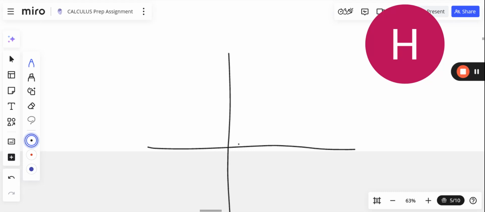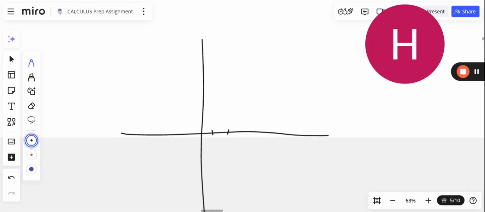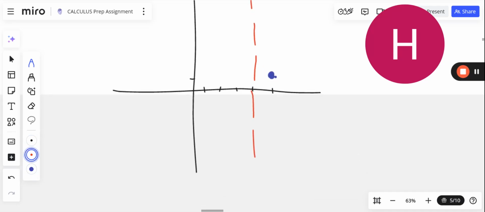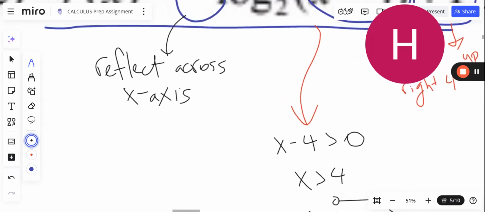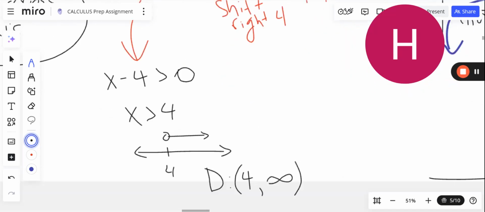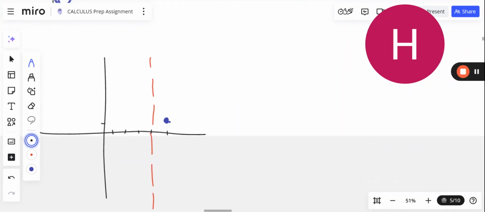Which means instead of crossing at 1, 0, we're now going to cross at 5, 1. That is an exact point that we know for sure. And what's more is that we know that the asymptote is at positive 4. Now, the reflection is going to cause the graph to be flipped upside down. So instead of going like this, it's going to go upside down, more like that.